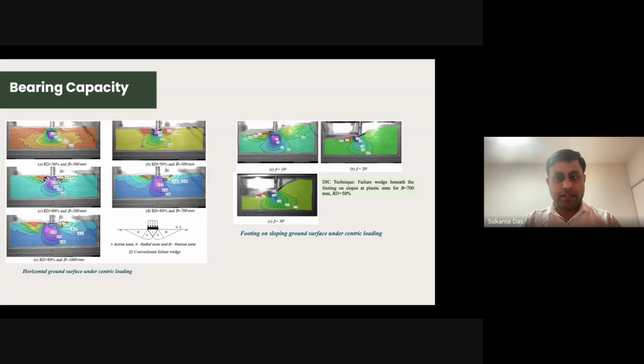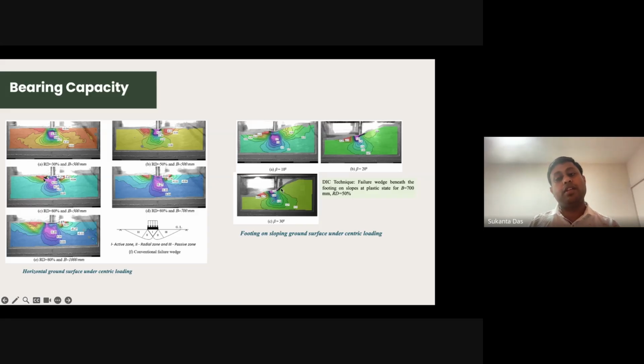When you apply the load, the soil mass has some tendency for sliding, because one-sided mass movement is there, and the other side fills up the high stress concentration. So this is a kind of sliding, and then active deformation takes place. This is a completely one-sided failure mechanism. And further, if you increase the slope, it is again a one-sided slope failure.